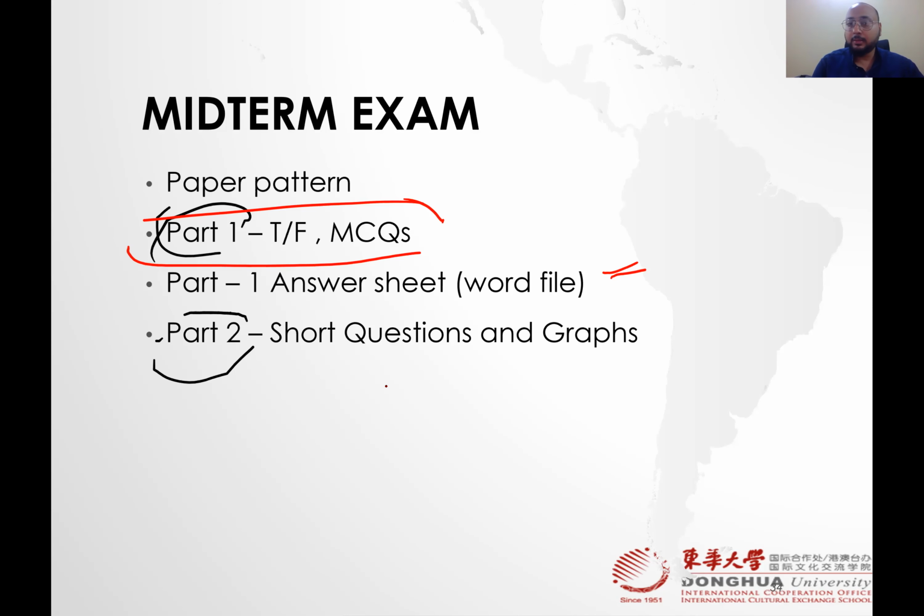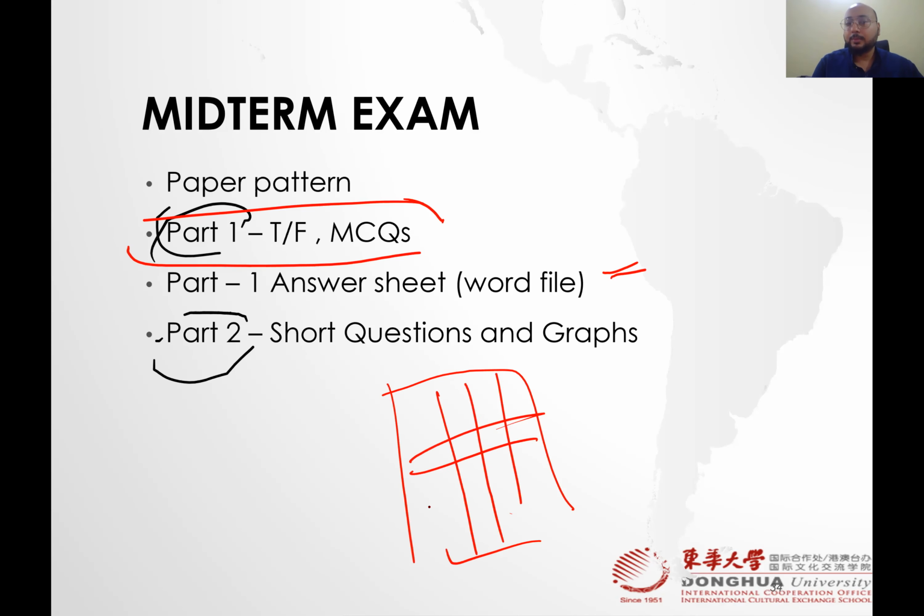It's a Word file and there would be columns here, right? 1, 2, 3, and all you need to do is write down the answer here. You can use computer, you can use pen, whatever. If you have pen, you can write it down. Okay, so this is false, this is true, false, true, false, like that, right?